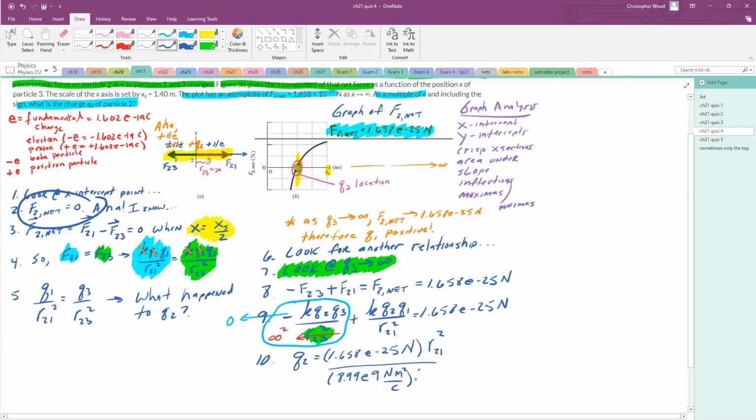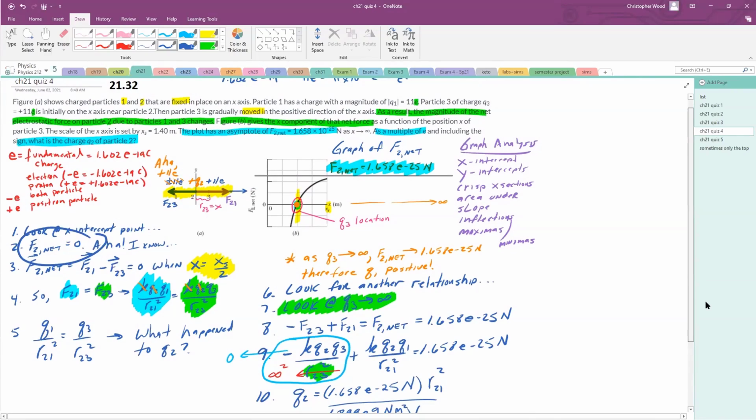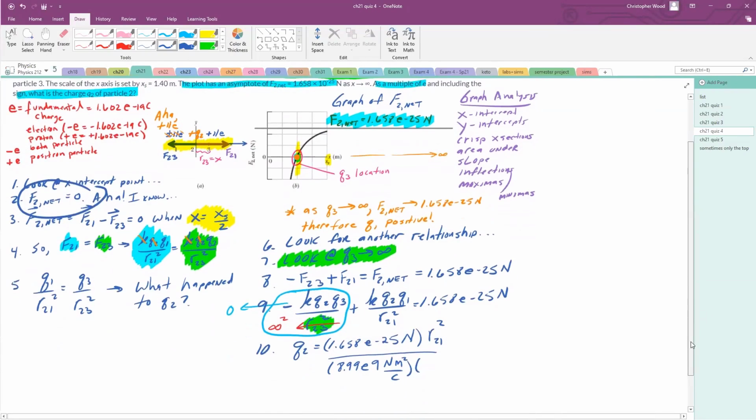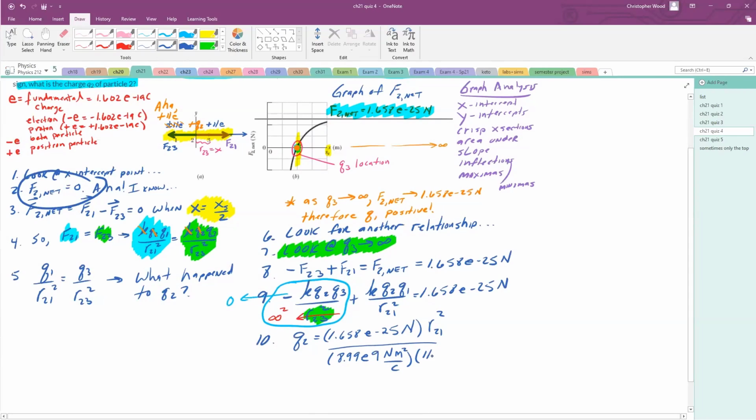And the denominator also has Q1. Do I have a value on Q1? I do. Particle 1, and I know that's 11 E. Let me sanity check all of this now.